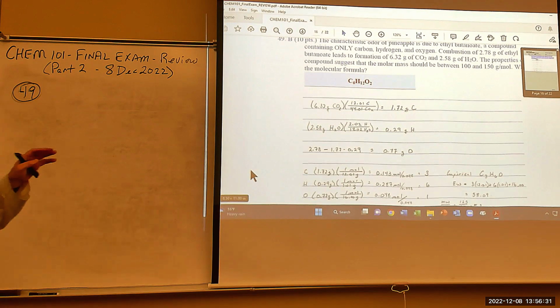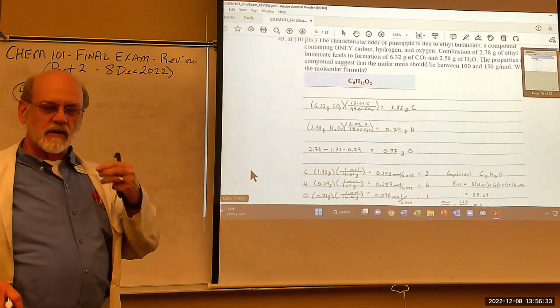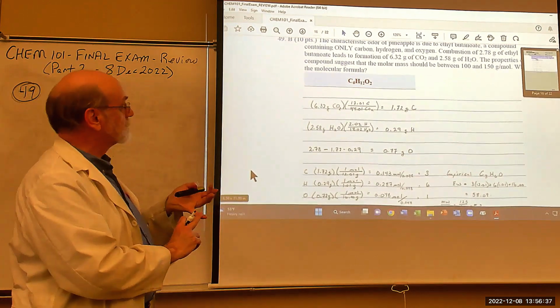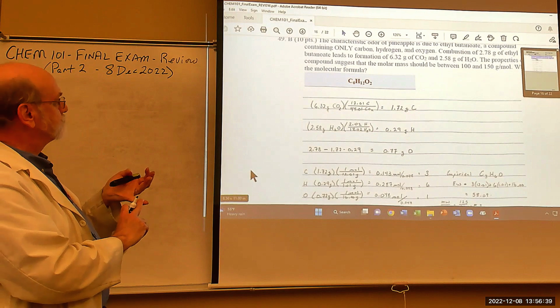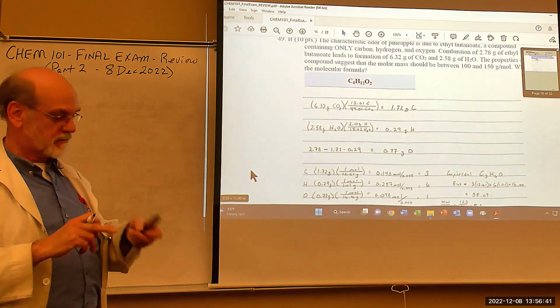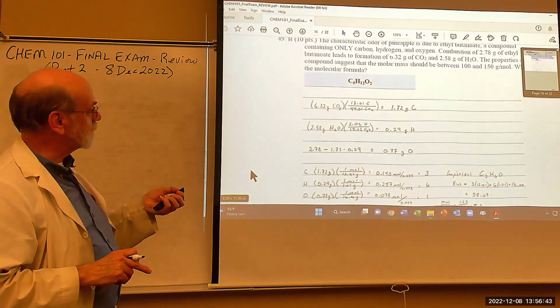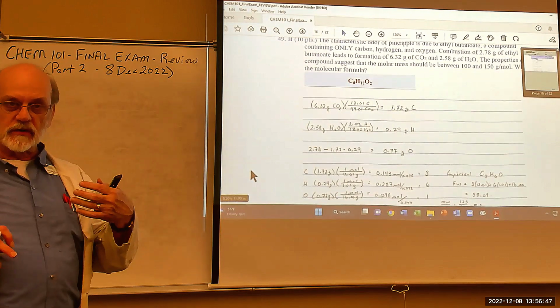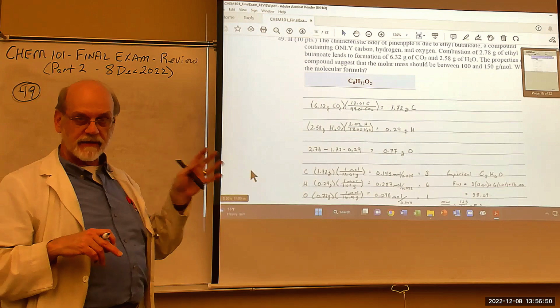So the key to this problem is finding out what is the actual mass of carbon, hydrogen, and oxygen, right? It says right here, carbon, hydrogen, and oxygen only in that molecule. What is the actual amount in that compound?